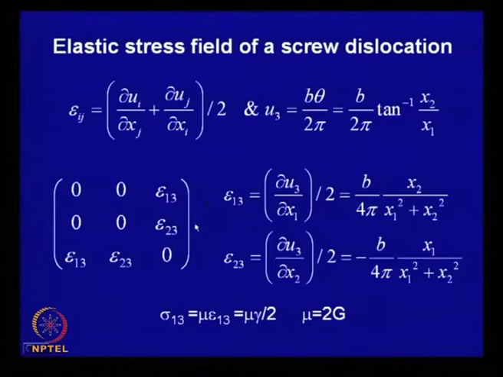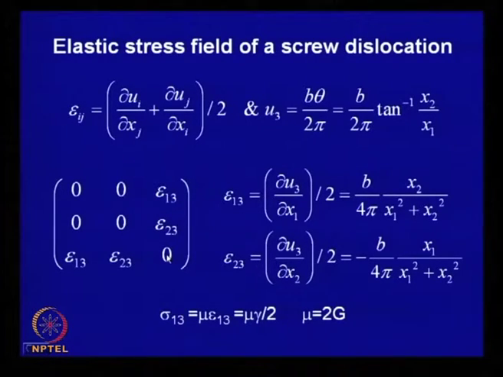You have 6 components of the strain, but we know that these represent the plastic strain and the sum of all these will be 0. Here in any case it is 0 because each of these components themselves are 0.